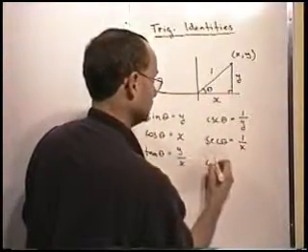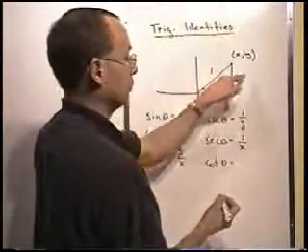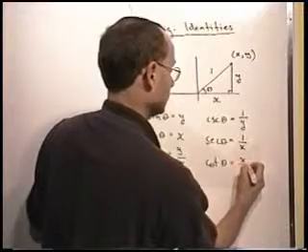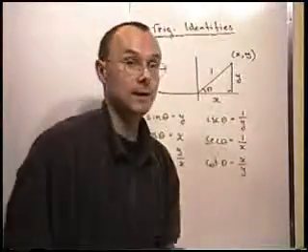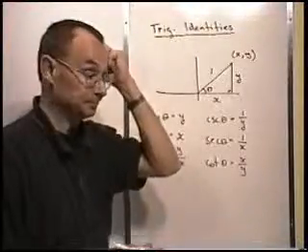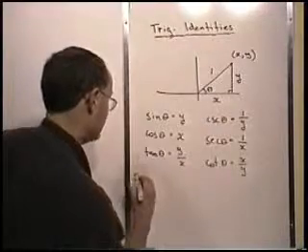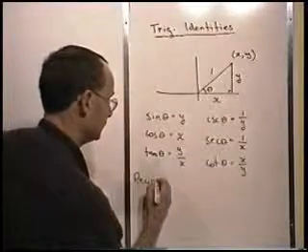And cotangent of theta is the reciprocal of y over x, so x over y. And so some very simple identities we can develop are called the reciprocal identities. So that's the first family of identities that we're going to look at.